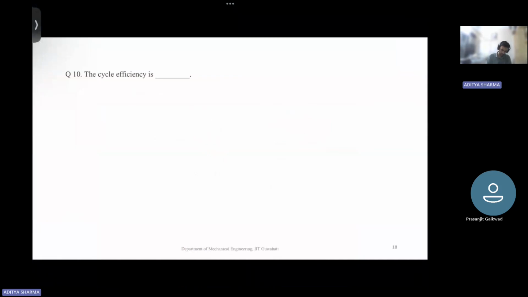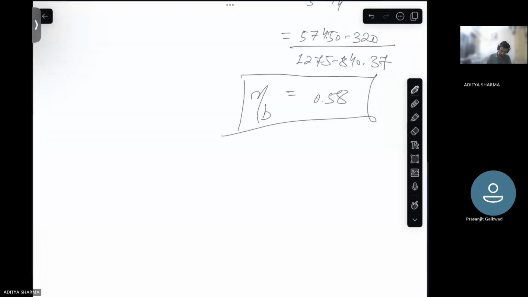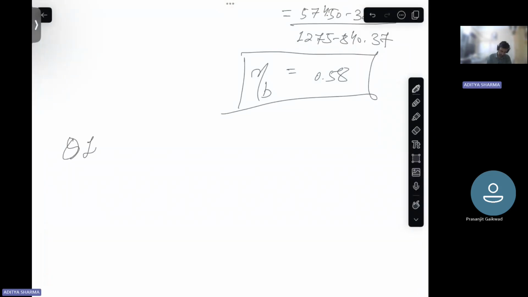Then last question, question 10, cycle efficiency.